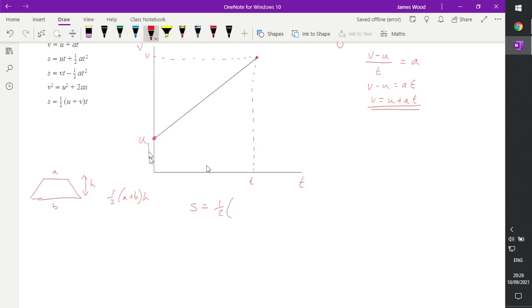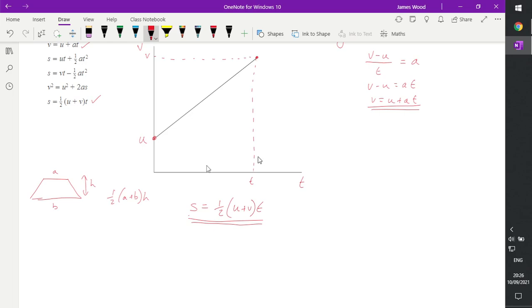Instead of a plus b, I've got this length here, plus this length here. So that's going to be u plus v. And then times the height, which is this length here, which is just t. And that gives us our second formula. S equals half u plus vt.